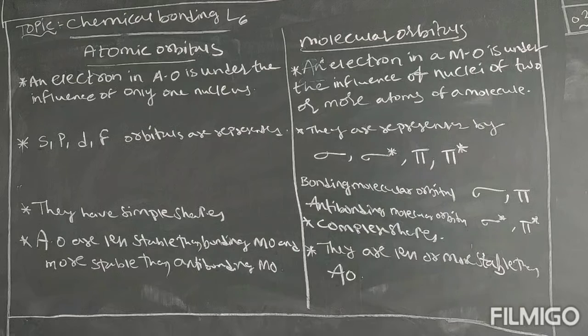Generally we see sigma and pi bonds in s, p, d, f like that, and here also sigma bonding and pi bonding will be there, but there will be node formation. So regarding that node, we will see now.